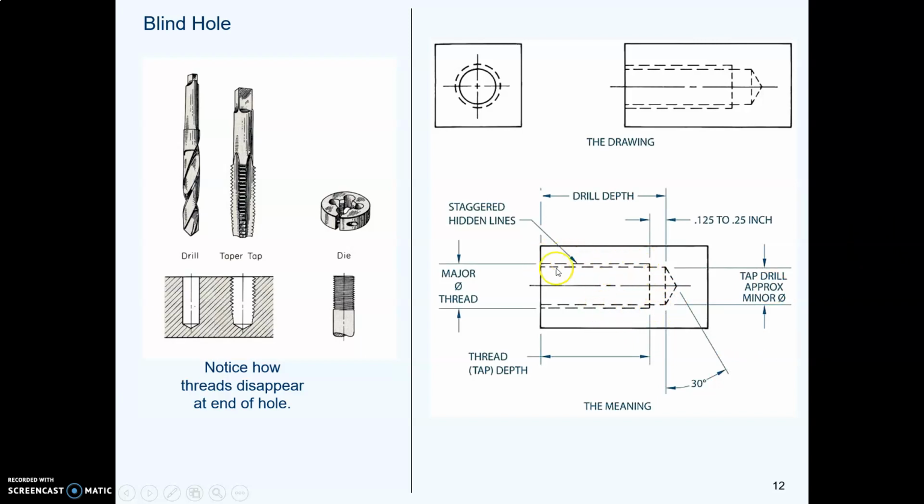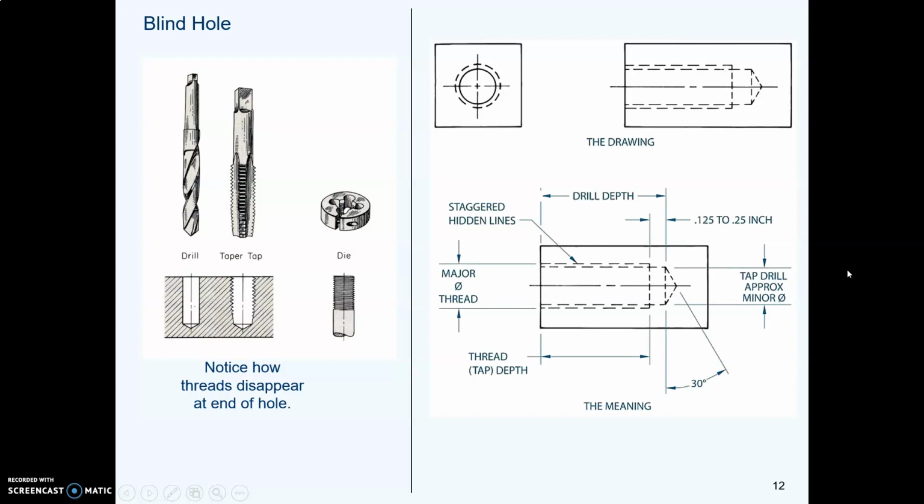Notice how there's a small diameter that goes all the way down, and then a bigger one that stops, and that is the effective thread depth, and that's caused because a drill or a tap does not have 100% good threads all the way down. They kind of taper off. So we represent that with this more clean looking stop to the lines here. And at the bottom of our hole, we draw that as a 30-degree angle.